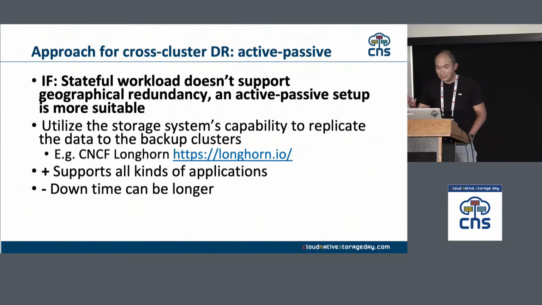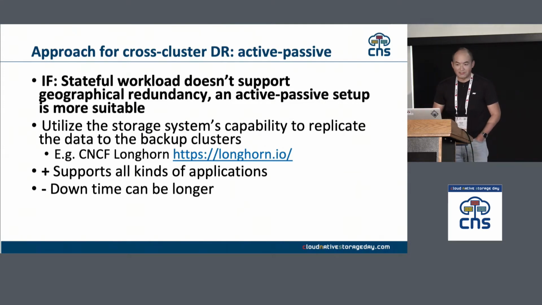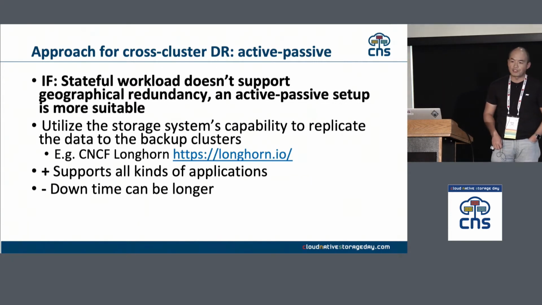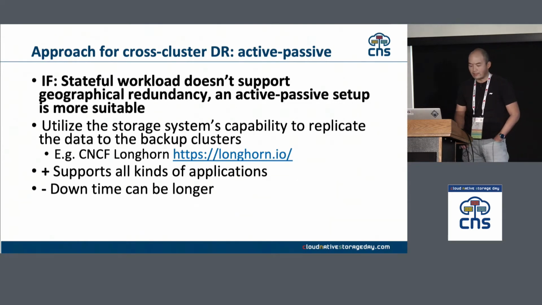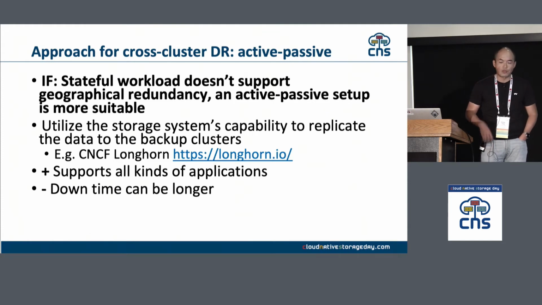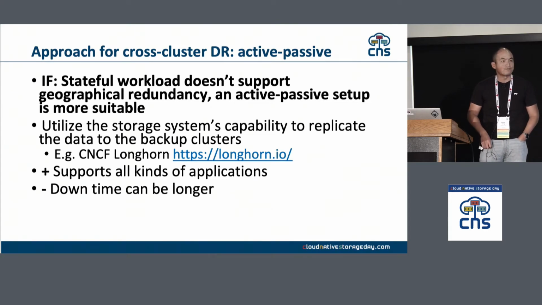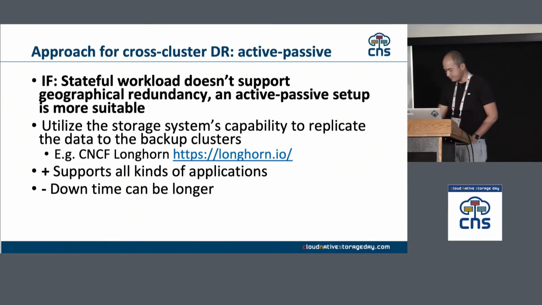I was tempted to say Rancher Longhorn, but we in fact just donated the project to the CNCF last month, and now Longhorn is a sandbox project in the CNCF. For this approach, we basically support all kinds of applications. There's no limitation on which ones you can apply it to. But the downtime can be longer if you're not configured in the fully automatic way. But in fact, it's more practical for the use cases of most applications.